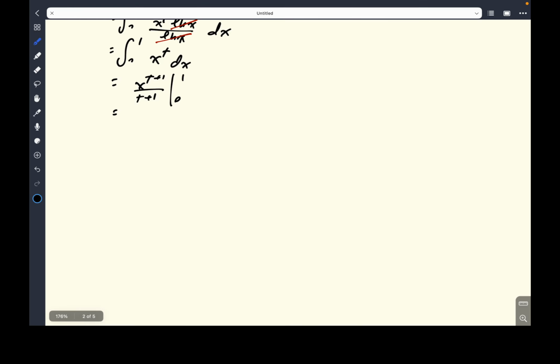Now this is going to be 1 to the t plus 1 over t plus 1 minus 0 to the t plus 1 over t plus 1. 0 to any power is 0, and 1 to any power is 1, so it's going to be 1 over t plus 1.